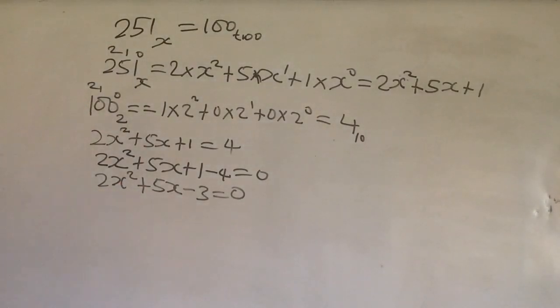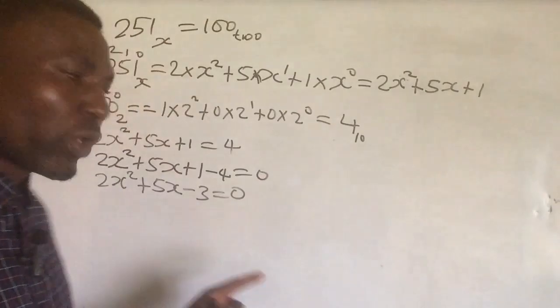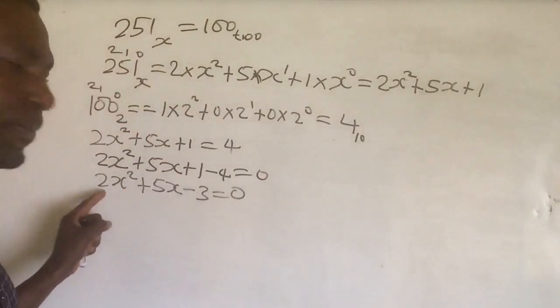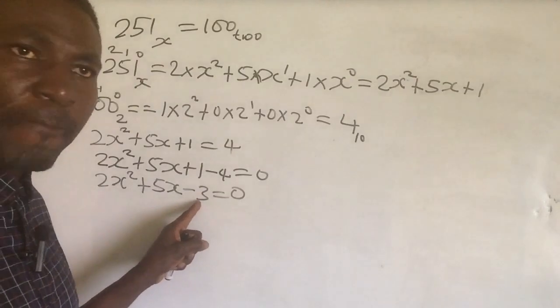What are the two numbers? Okay, so from here, the first thing we do is multiply the coefficient of x squared with this value, minus 3.